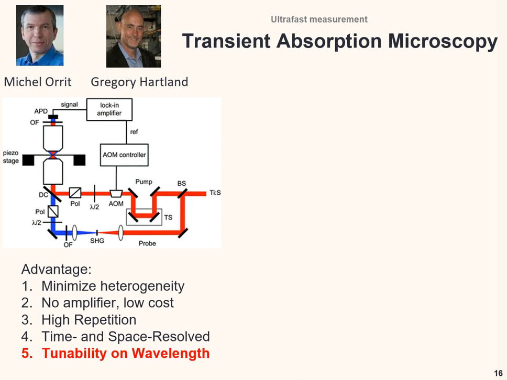We have a lot of pioneers. Two of them are Michel Ray and Greg Holland. This is how they set up their experiment. The titanium sapphire laser generates 800 nanometers, and then it focuses the light on the single particle by second harmonic generation to generate 400 nanometers as the pump light, and the probe light is 800 nanometers.